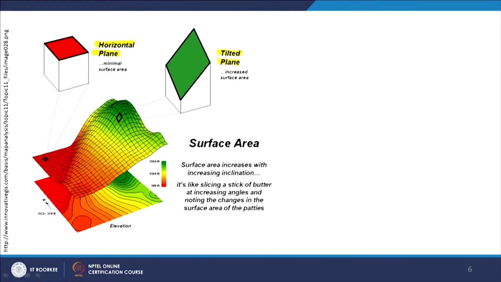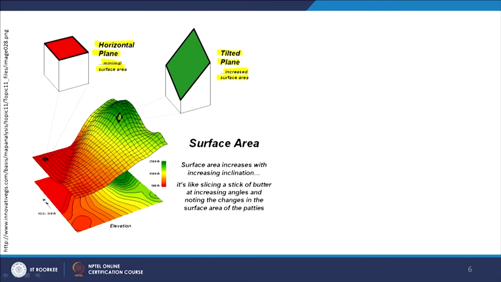So, this is going to be the minimal surface area if it is flat, when measured on a horizontal plane, whereas for this tilted one, or where sloping surfaces are there, the surface area will be increased compared to your planimetric area, which is depicted here.